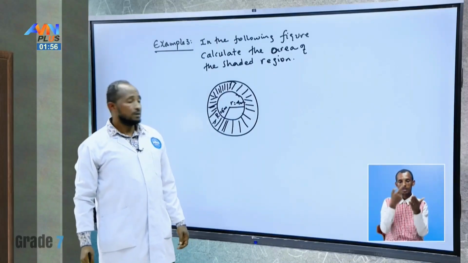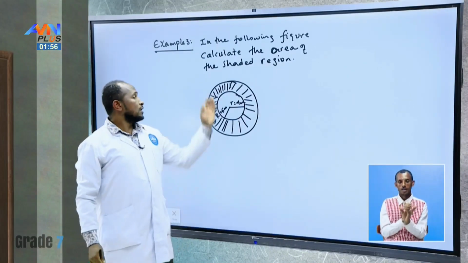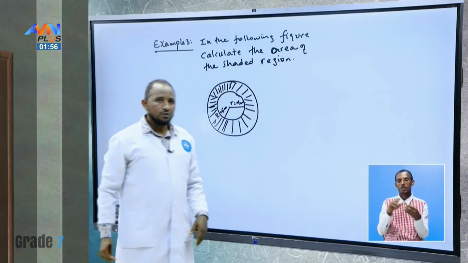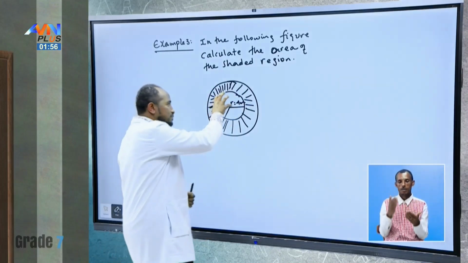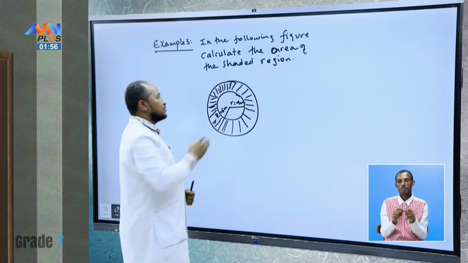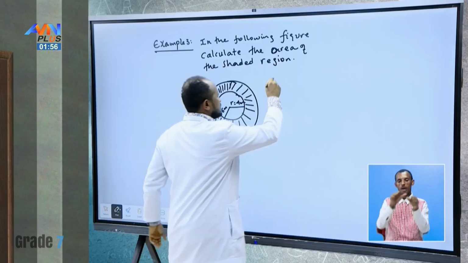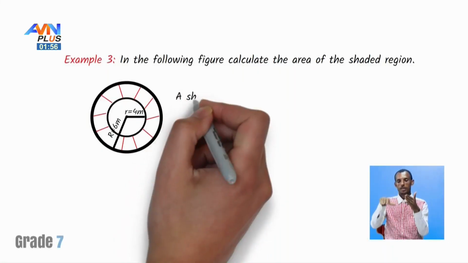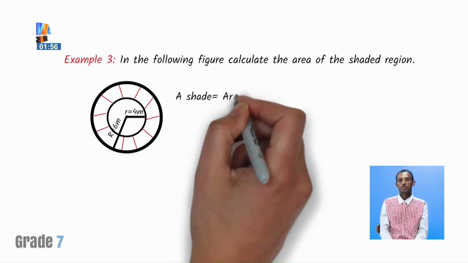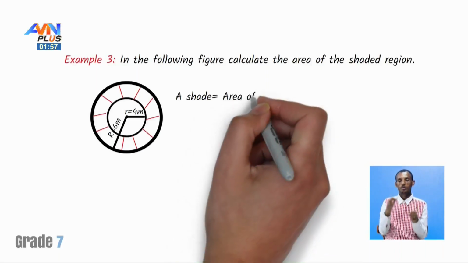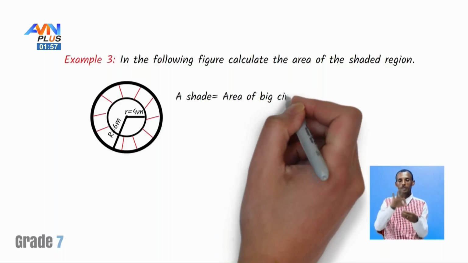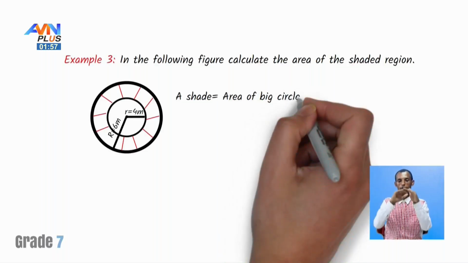Here, to calculate the area of the shaded region, you simply subtract the area of the smaller circle from the area of the bigger circle. So, area of shaded region will be equal to area of big circle minus area of small circle.